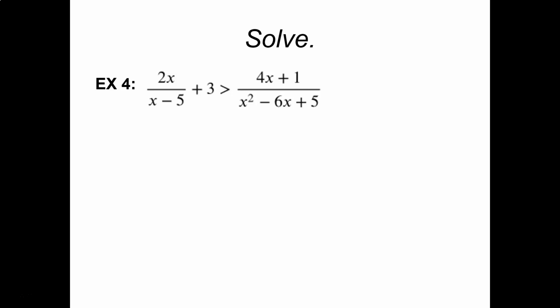All right, so everything to one side. That's going to give us 2x over x minus 5 plus 3 minus 4x plus 1 over x squared minus 6x plus 5, all this greater than 0. So this denominator right here does factor into x minus 5, x minus 1.